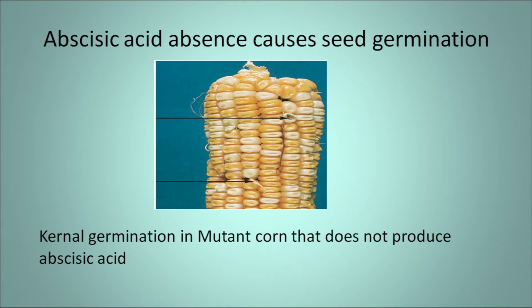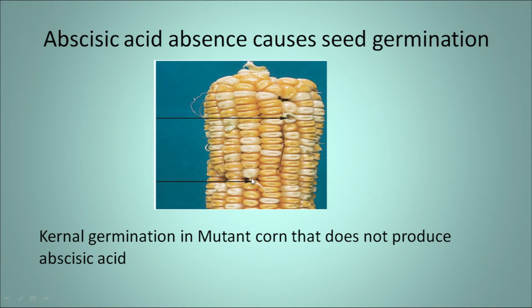Now, here is an interesting case, where you will see a maize cob, and in this cob there are certain kernels, as the arrow indicates, here as well as here. This is a mutant cob of corn, and in this case these seeds are not able to synthesize abscisic acid, and you can see that the arrow is clearly indicating that these seeds have started germinating, and the roots can be seen.